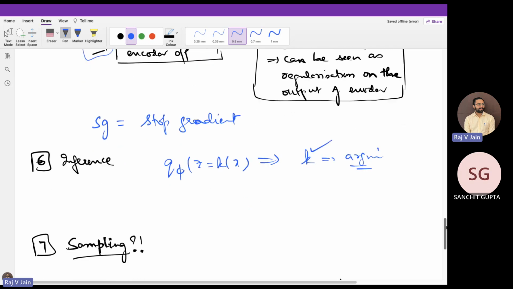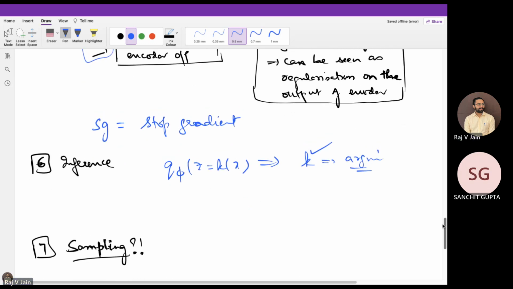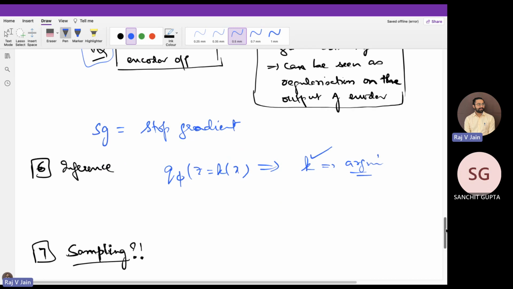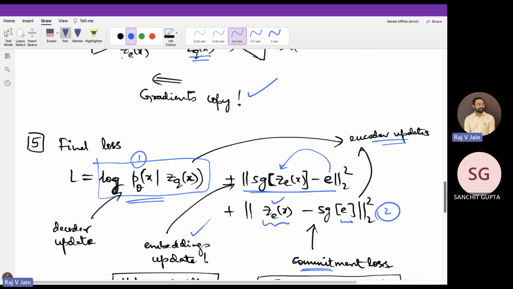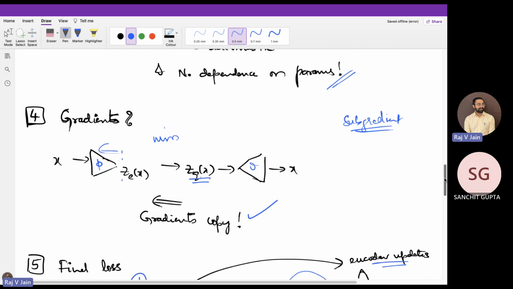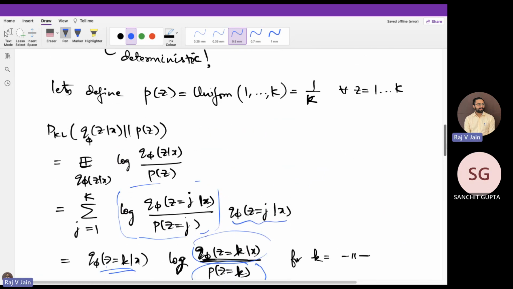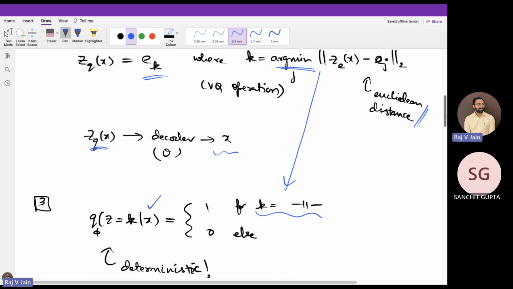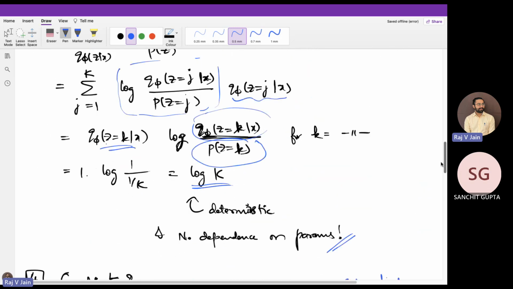So the question now is how do we generate samples? Everything's deterministic here. There's literally no part of this whole flow which has any sort of randomness in it anymore. Previously we had, now we don't. So how do we do sampling here?